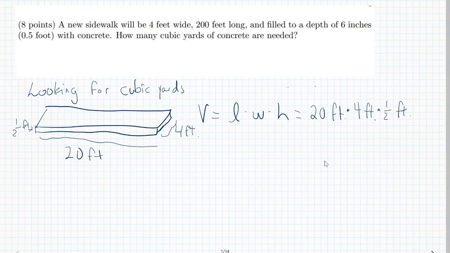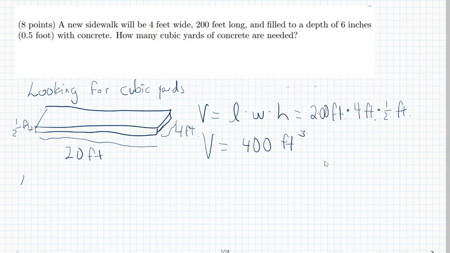So our volume, which I'm denoting by V here, is, oh, I'm sorry, I put 20, that's 200 feet. Sorry about that. So 1/2 of 200 is 100, times 4 makes 400 cubic feet. Now the real trick is to convert this to cubic yards.